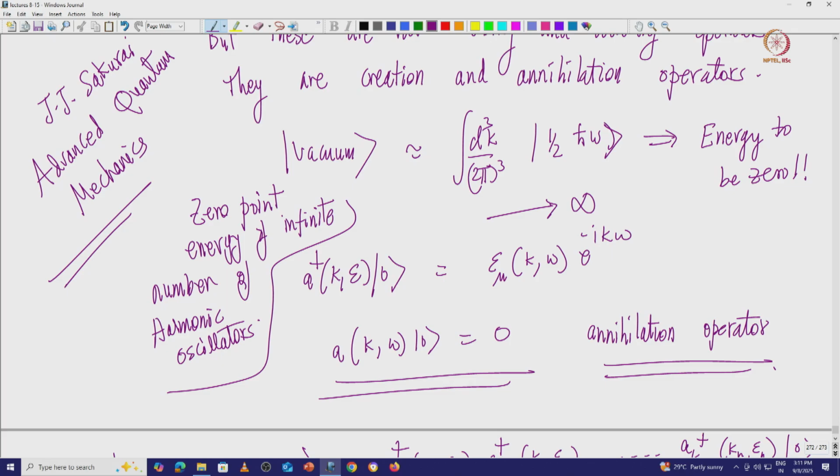If you sum it over all these infinite harmonic oscillators, it is infinite. Now you have to set it to 0. There is a proper prescription for doing it in field theory, but for our case we forget about it. We just set this entire infinity aside because it does not make sense.